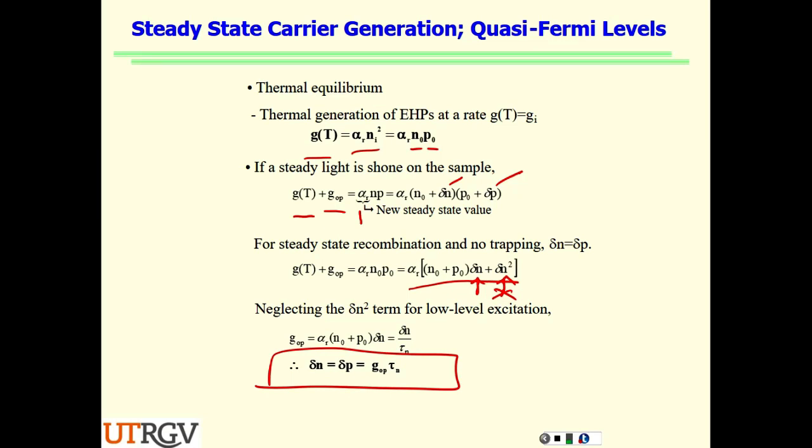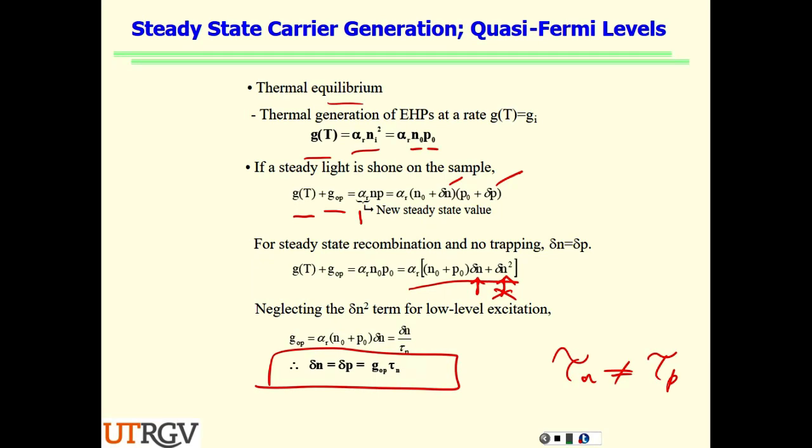This relationship is very important because this is what contributes to the excess carrier concentration, in both p-type and n-type cases.